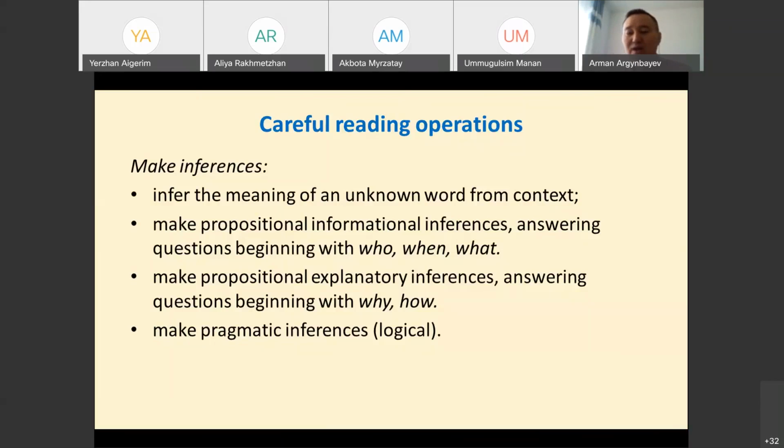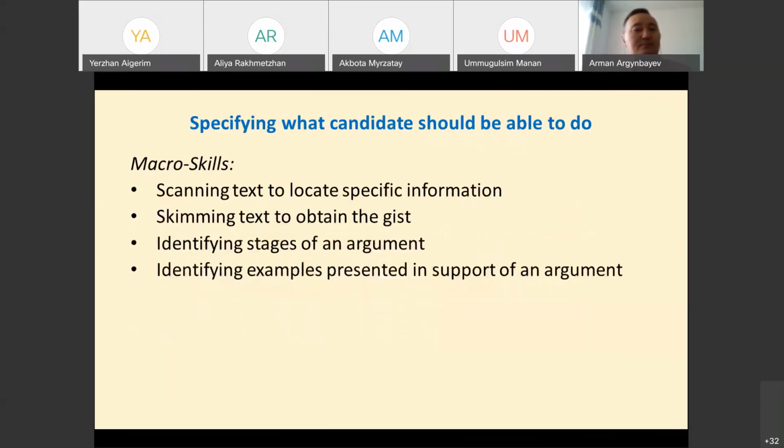And we also ask why, who, WH questions. Macro skills. So these are the skills that candidates should be able to do. When we teach reading, we should make sure that our students are able to do the following skills. Scanning text to locate specific information, skimming to obtain the gist, the general idea, identifying stages of an argument.